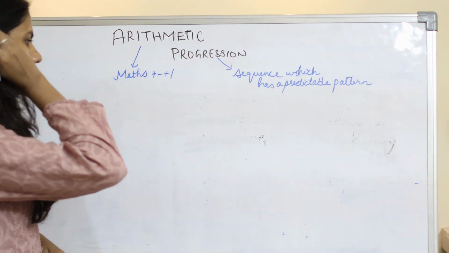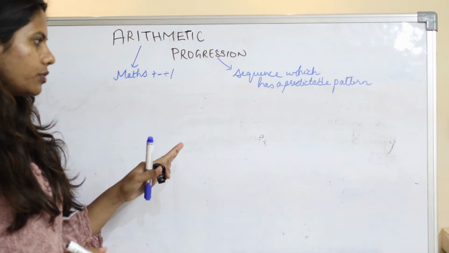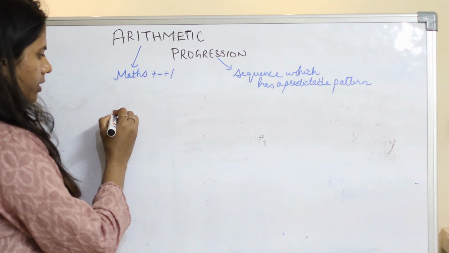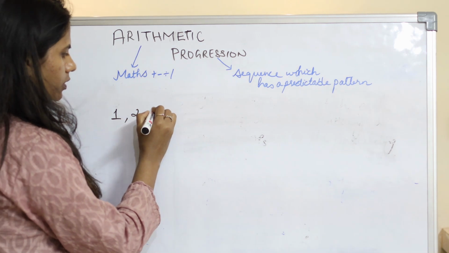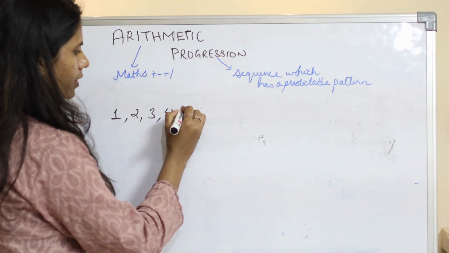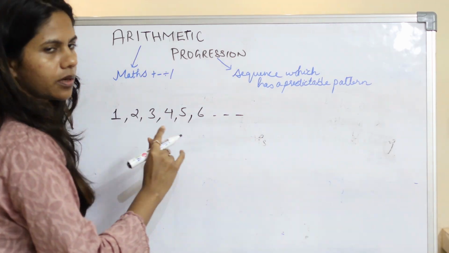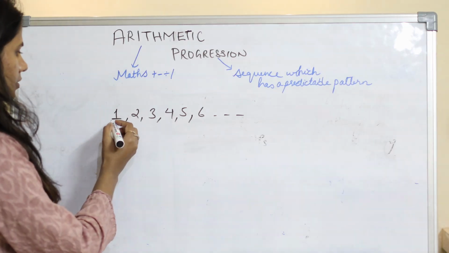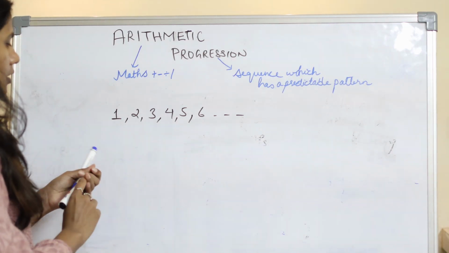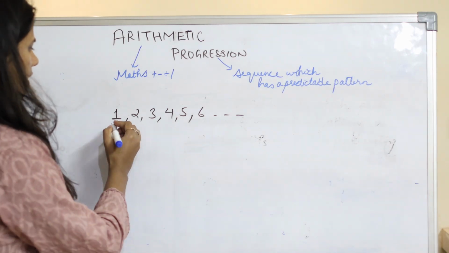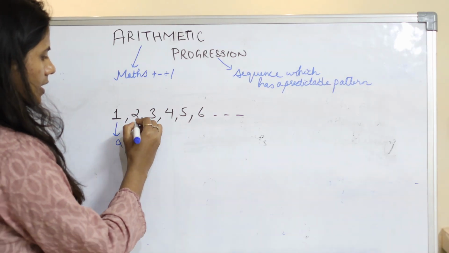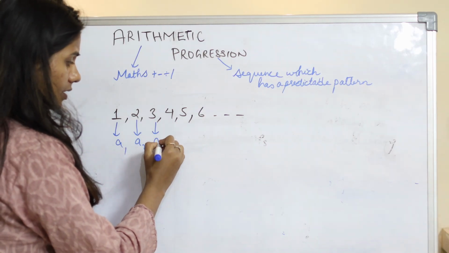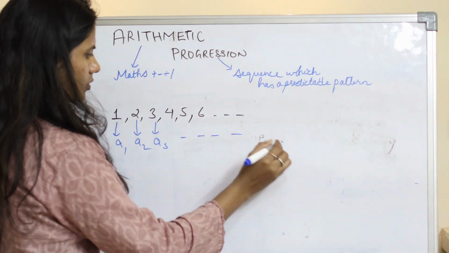Just now I showed you a few examples. I'll write one of them here: 1, 2, 3, 4, 5, 6. This is an example of AP. Now let's say we are calling the first term A1, second term A2, third term A3, and so on.